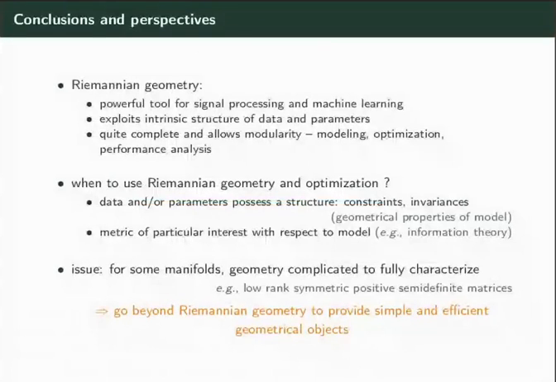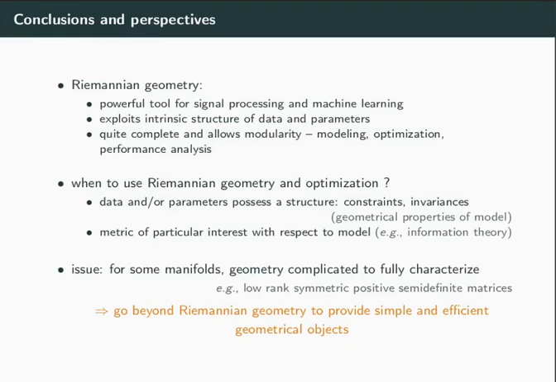So Riemannian geometry is quite a powerful tool for signal processing and machine learning, because it fully exploits the structure of the data and parameters. It fully embeds the different constraints and invariants of the model.